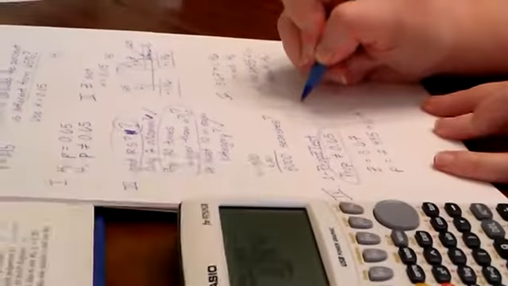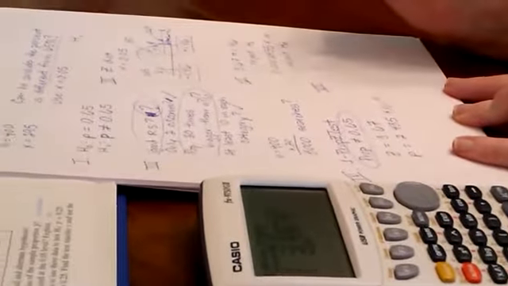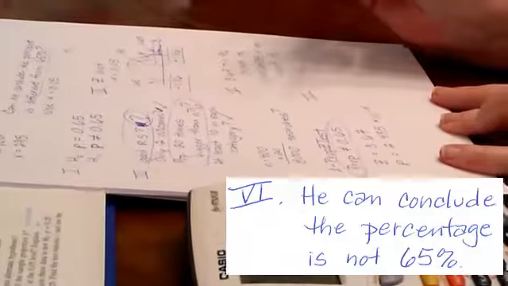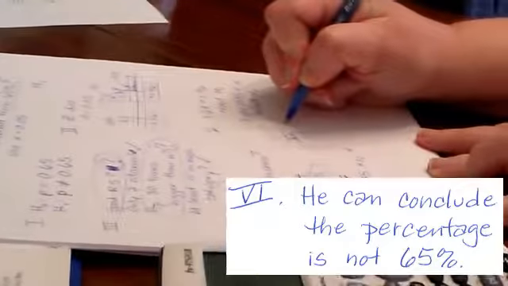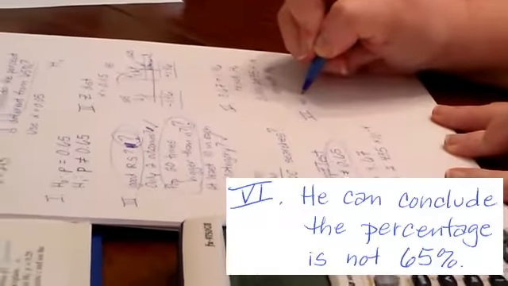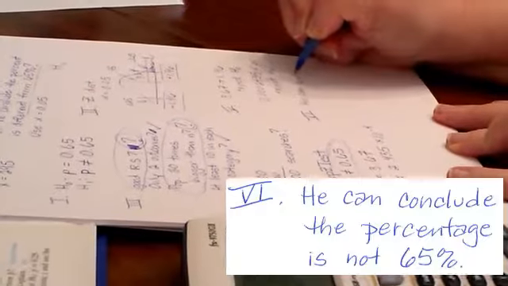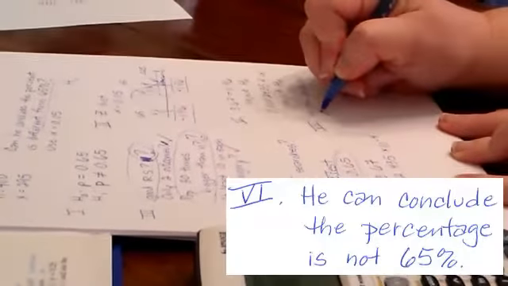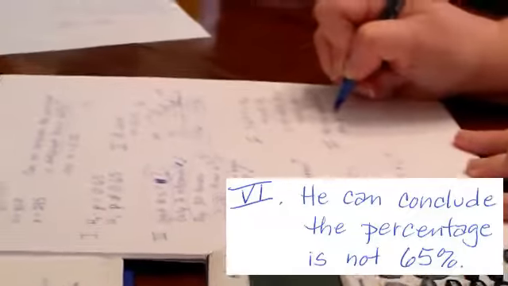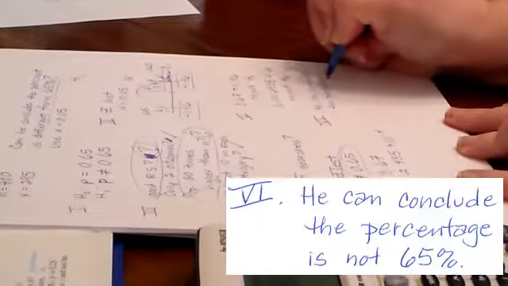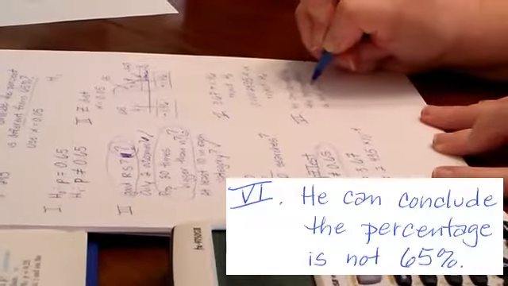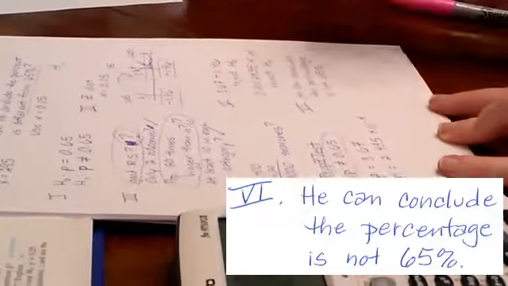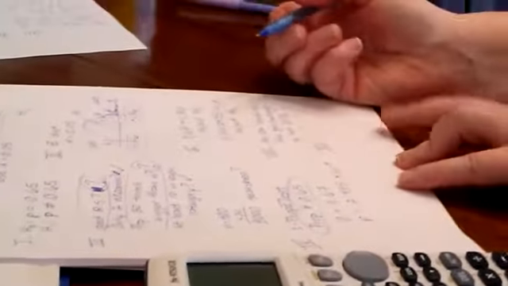So step 6. Can he conclude the percentage of searches that use Google in his company differs from 65%? Yes, he can conclude the percentage is not 65%. But step 7, do we have some concerns that he did this correctly?